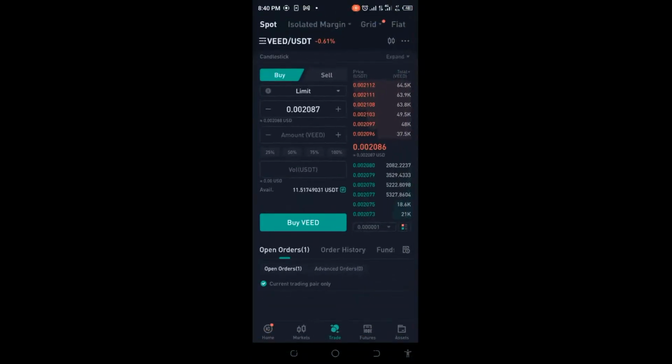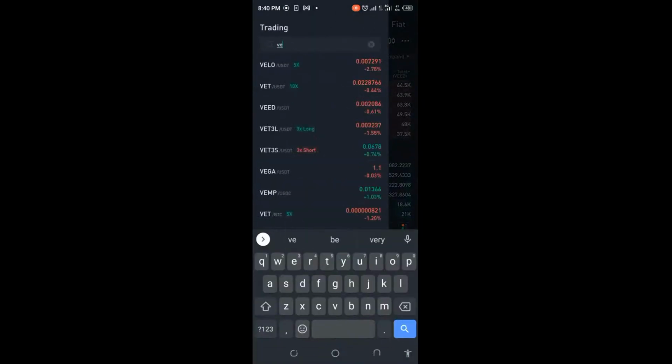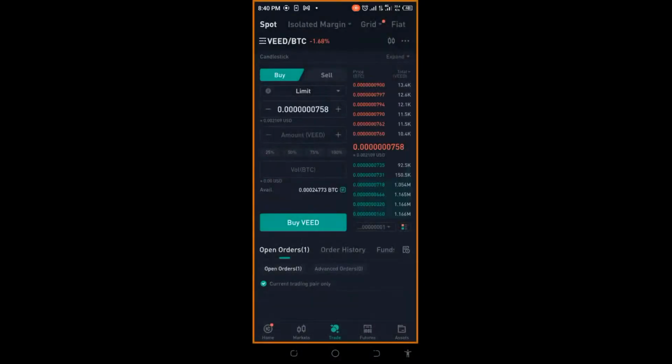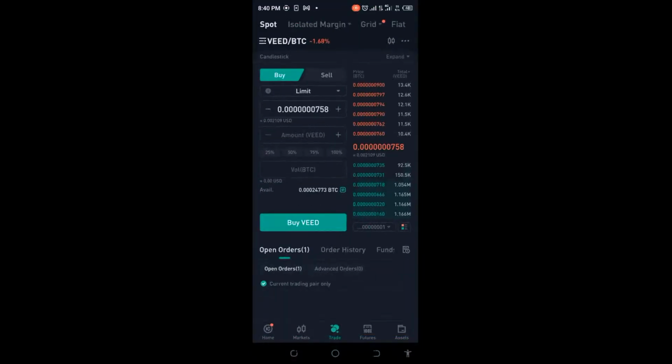What took time was that we were waiting in VID BTC, and it was taking forever. We bought it at 0.0000768, and we placed our sell limit at that price, 768.